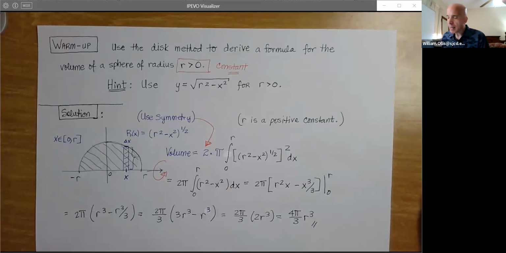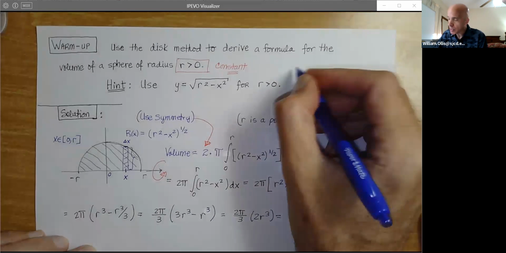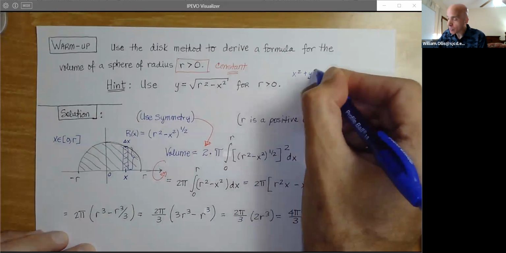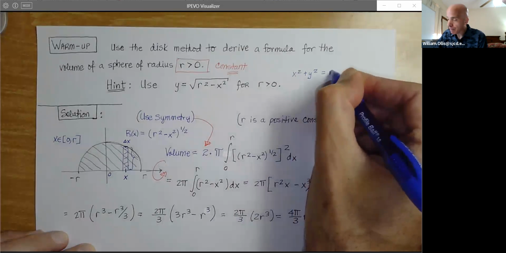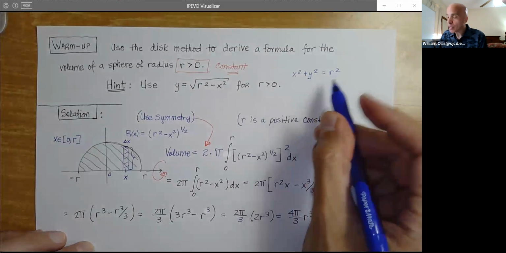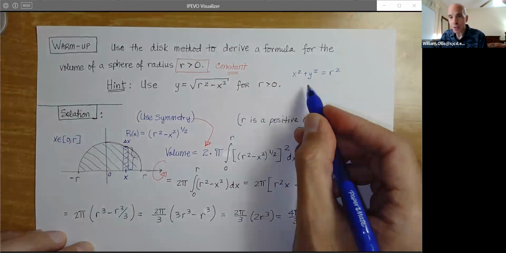So again, when you think about these equations, let me go right back up here and make a notation here. We have x squared plus y squared equals r squared. Again, that's just the standard equation for a circle of radius r centered at the origin.